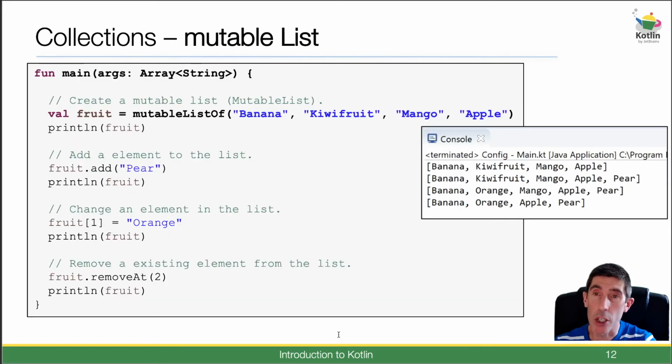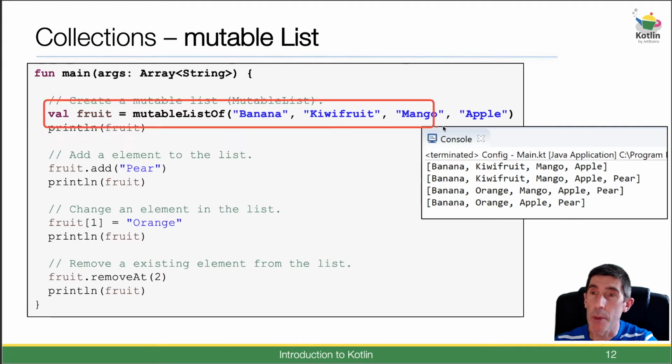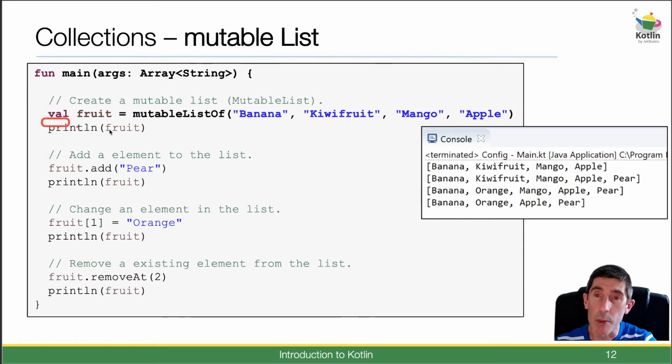To look at some examples, here's an example using a mutable list. We're saying val fruit = mutableListOf, and the type here is inferred: banana, kiwi, mango, and apple, so we're just dealing with strings. If we print it out, we get our banana, kiwi, mango, and apple. We can then go ahead and add an element, identical to Java essentially, on our collection.